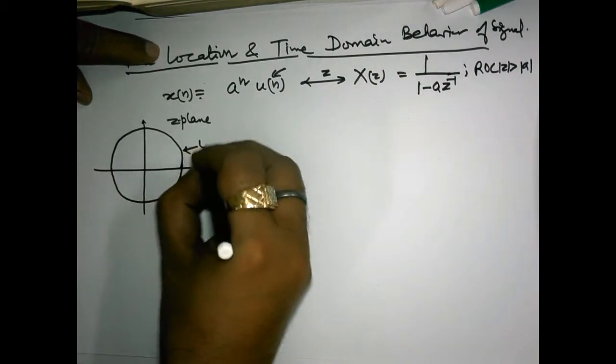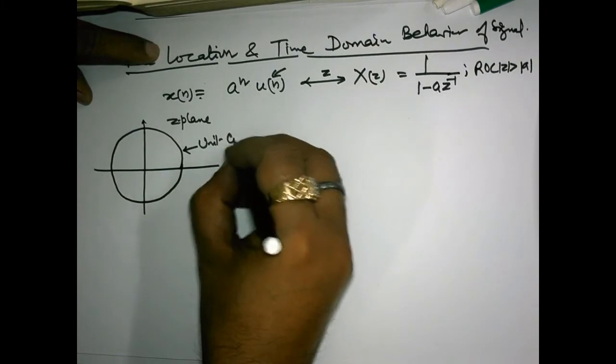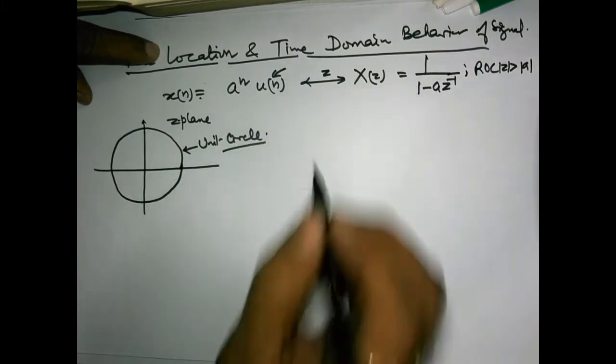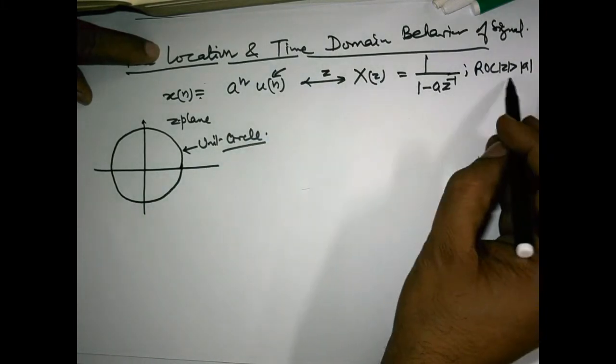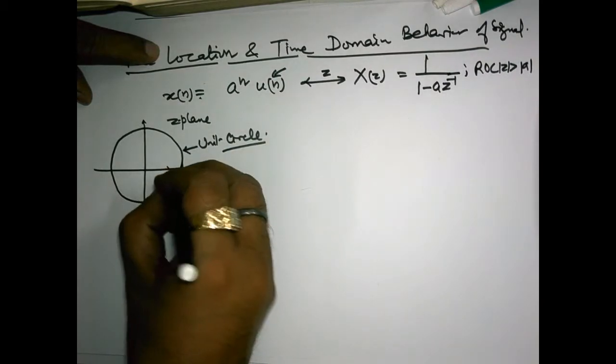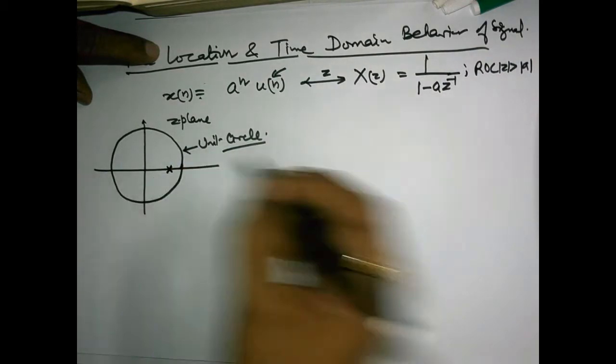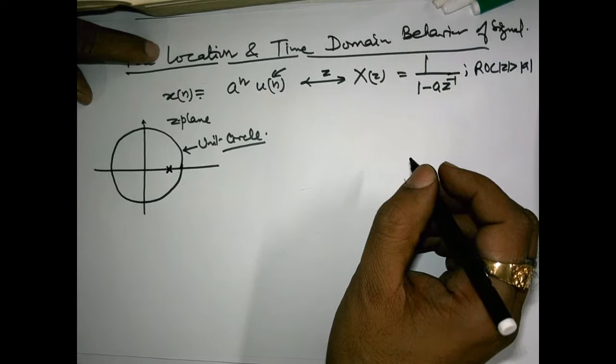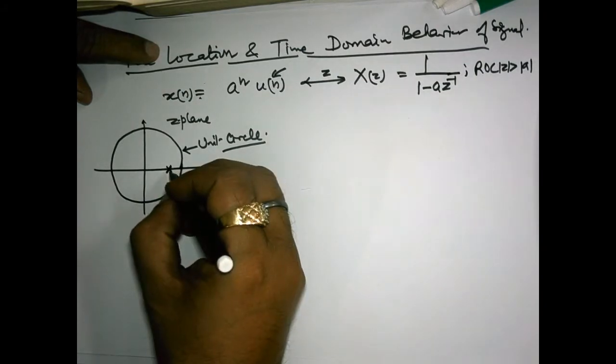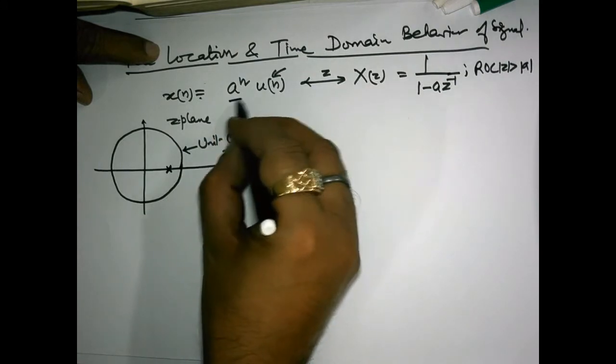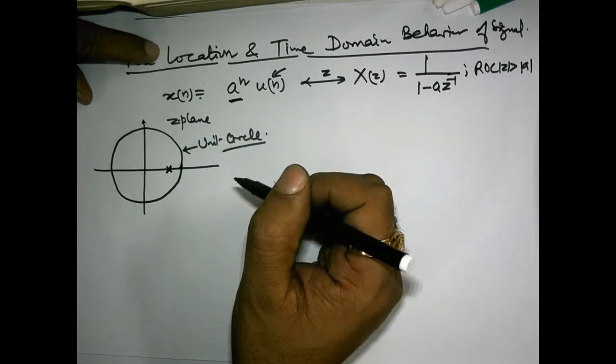This circle is called the unit circle. Now if this pole is located somewhere near the unit circle, naturally a has a value less than 1. If a has a value less than 1, naturally this signal will decay with time.